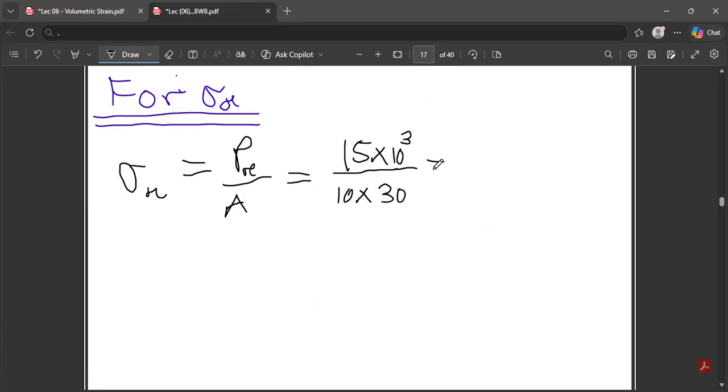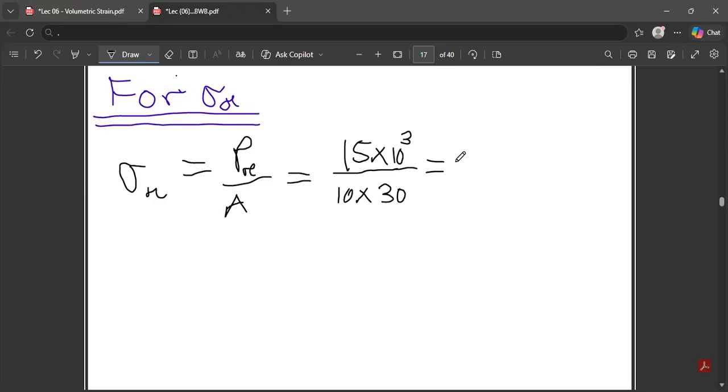So let's quickly punch this on the calculator and see. Everybody, please let's partake. That is 15 times 10 exponent 3. You can punch your answers in the comment section and I'll review them for you. I'm getting 50 Newton per millimeter squared, because this is in Newton and these are in millimeters.